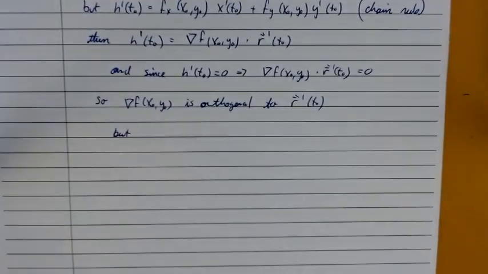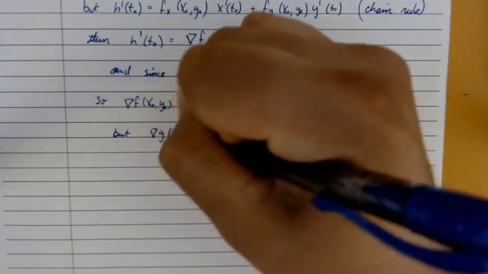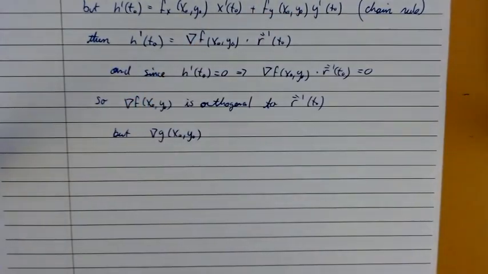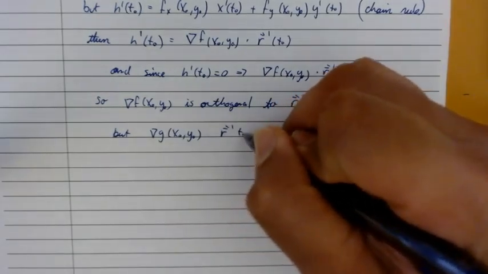So that means that the gradient of g at x naught comma y naught is orthogonal to the line that is tangent, or I guess to the vector that is tangent to the curve at x naught comma y naught. Oh, but that's also r prime of t naught.